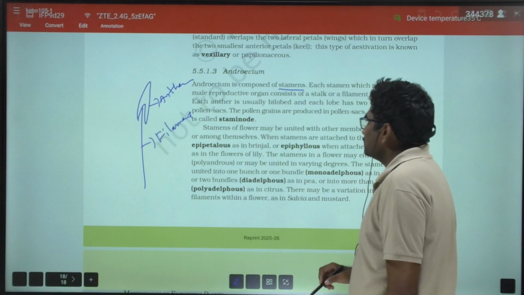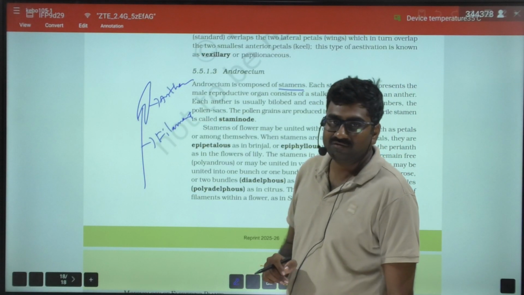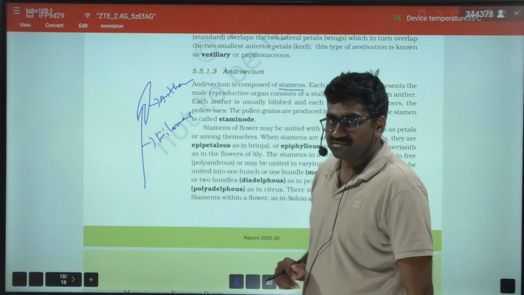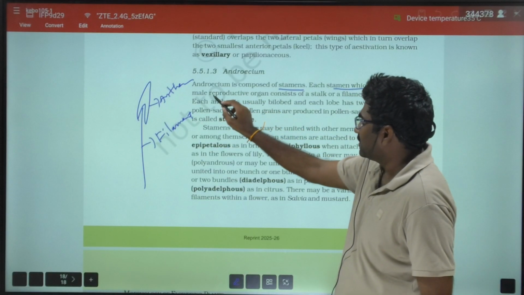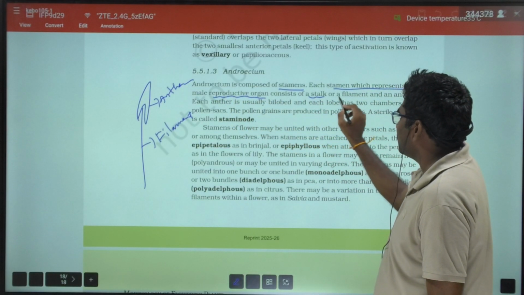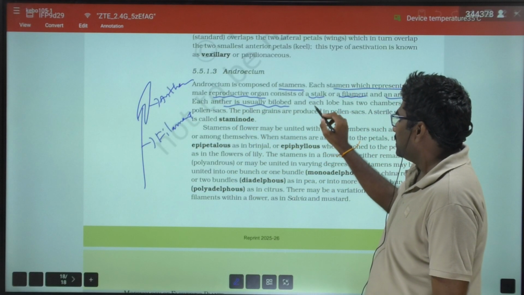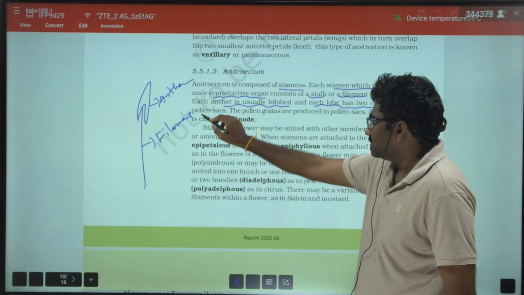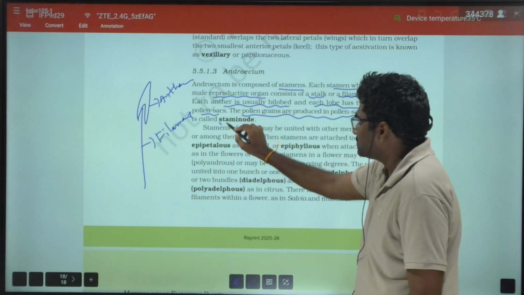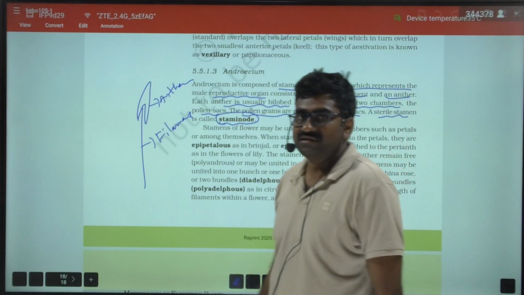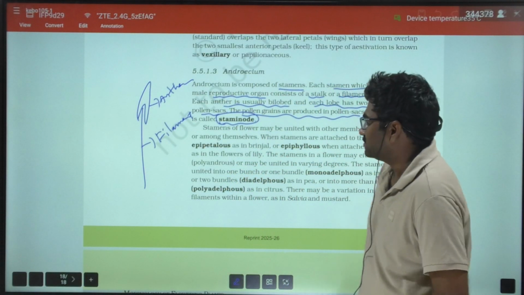Usually dithecous anthers are found in flowering plants, which we had already discussed in the sexual reproduction of flowering plants. Each anther is usually bilobed, and each lobe has two chambers, the pollen sacs. The pollen grains are produced in pollen sacs. A sterile stamen is called a staminode. Very important: a sterile stamen is called a staminode, which cannot participate in the fertilization process.